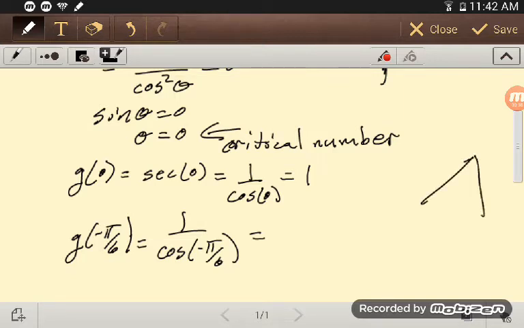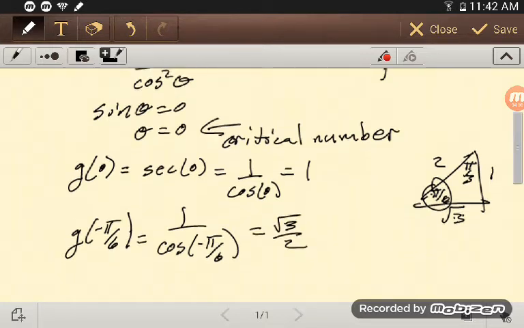Well, what's that triangle? So our 30, 60, 90 triangle, if this is our pi over 6 and pi over 3, then that is a 1, 2, square root of 3 triangle. And so cosine of this angle here is square root of 3 over 2.